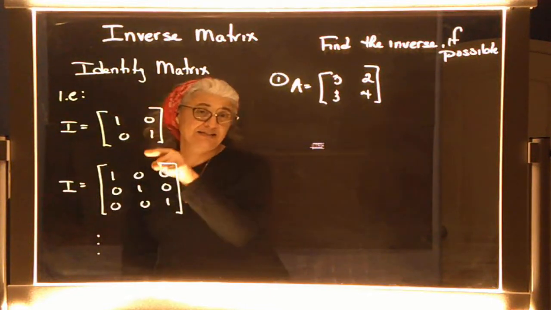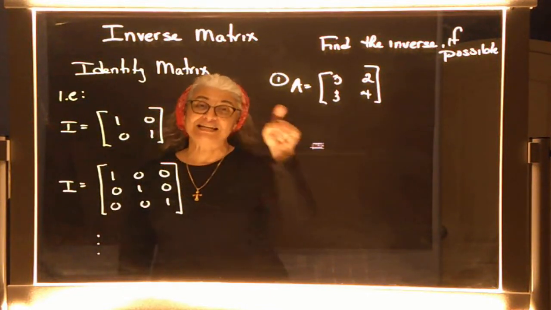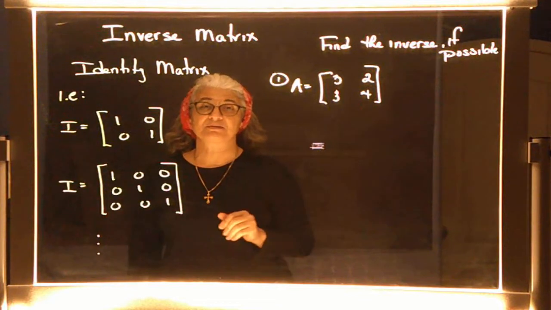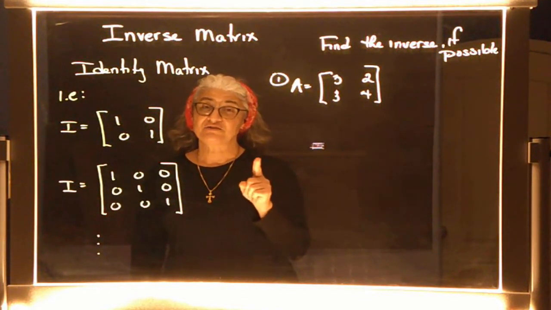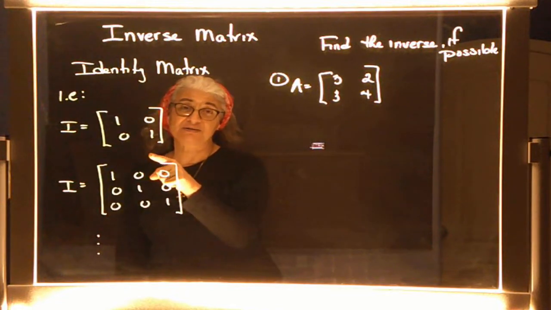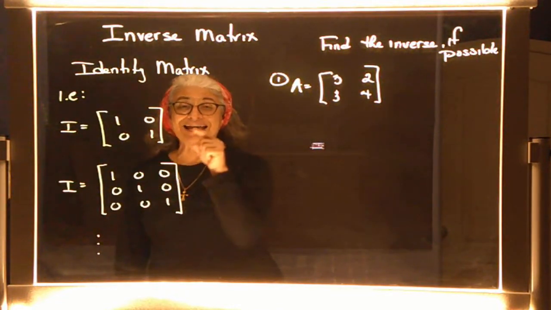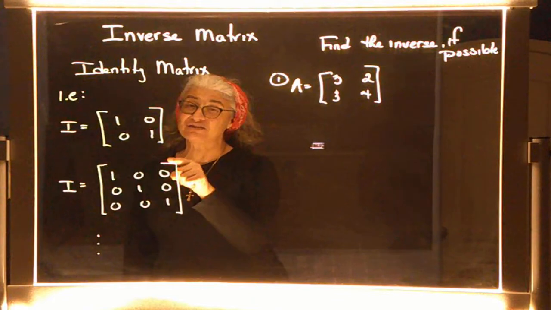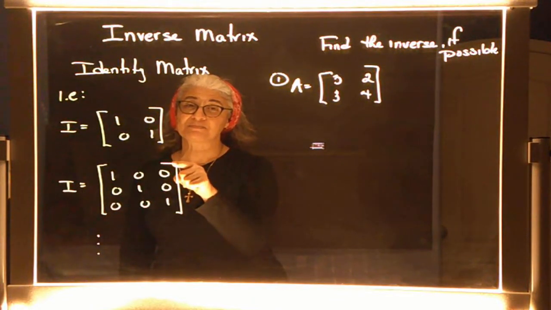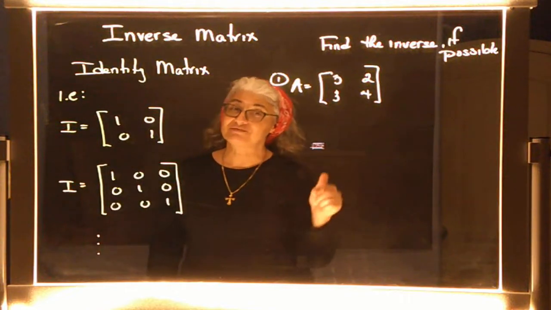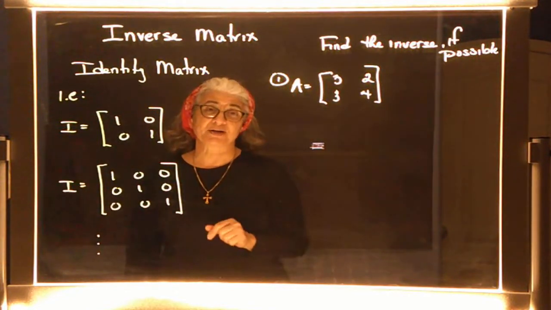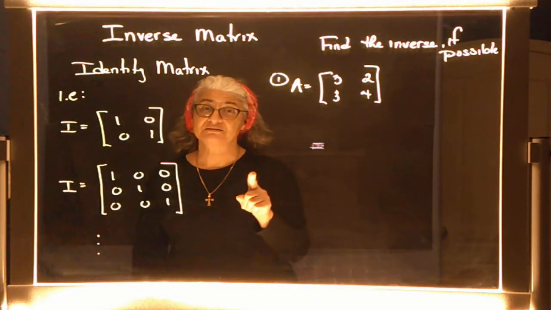We use the identity matrix to find the inverse of another matrix. Now, here's something that's also key. If the identity matrix is a square matrix, and I use it to find the inverse of a matrix, that means the matrix I'm trying to find the inverse of must also be square. Got it?